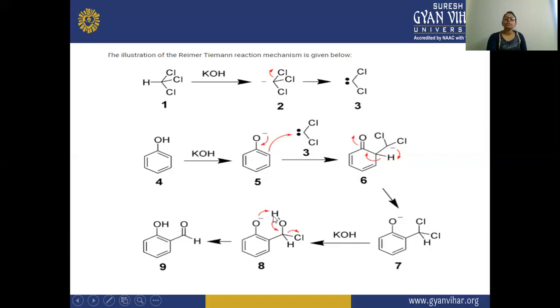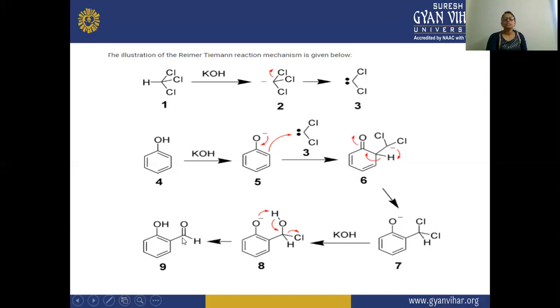Here again this hydrogen will be abstracted from here, and it will act as a proton or your electrophile, and it will give its electron to this oxygen. So this oxygen then forms a bond with this carbon, and after that this chlorine also gets abstracted from this position, and here there is a formation of bond.